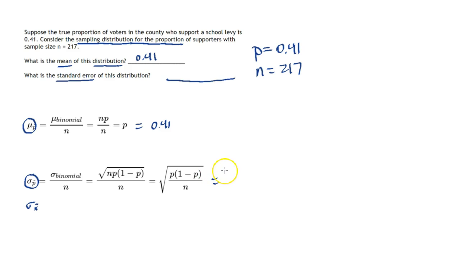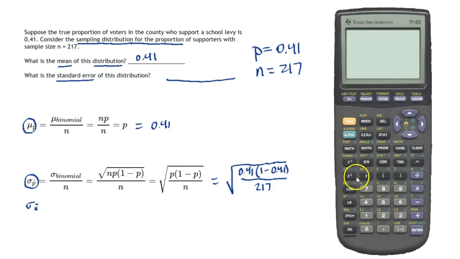So in this case, we have the square root of p times 1 minus p over n, 217. I'm going to pull up my TI-83 calculator really quickly so I can plug this in. All right, so we have a square root of 0.41.